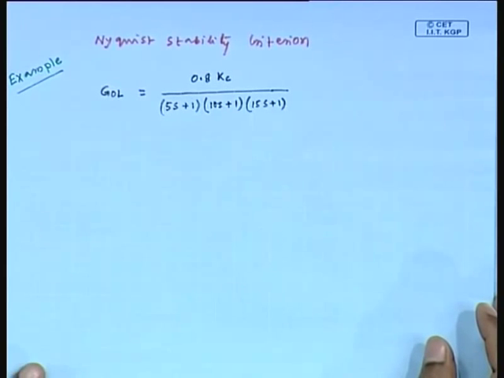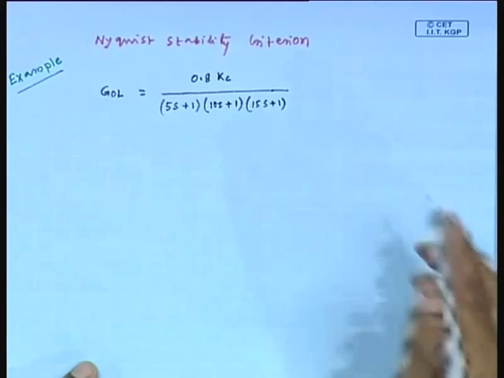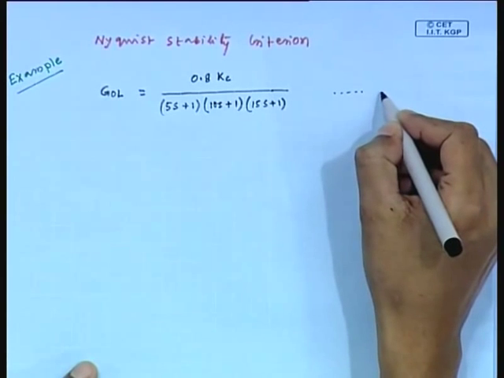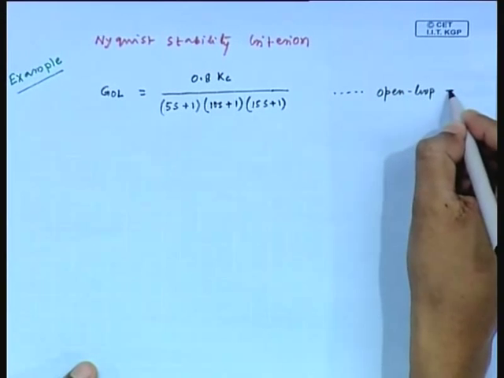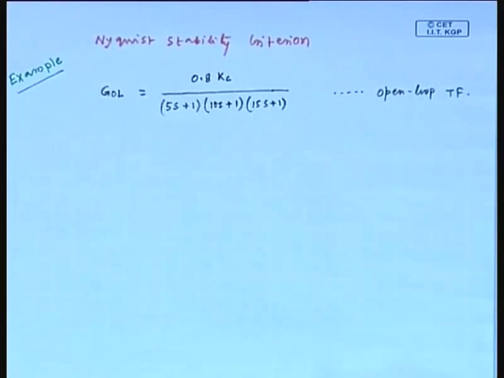The open loop transfer function is given in this form. Here Kc is the proportional gain, controller gain.